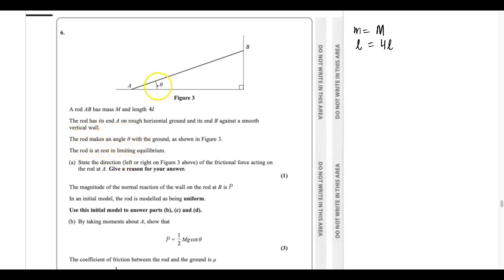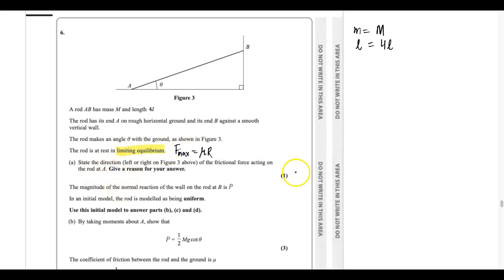The rod makes angle theta, and the rod is in limiting equilibrium. These are very important terms. What do we mean by limiting equilibrium? That means the maximum frictional force F max is mu R. We might need this information later in the question.